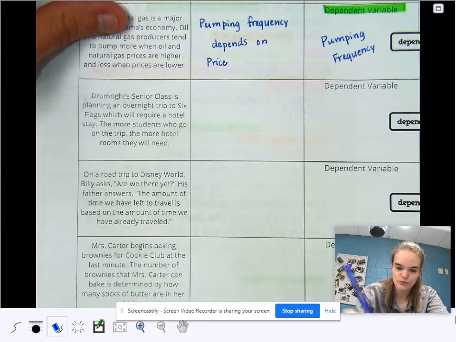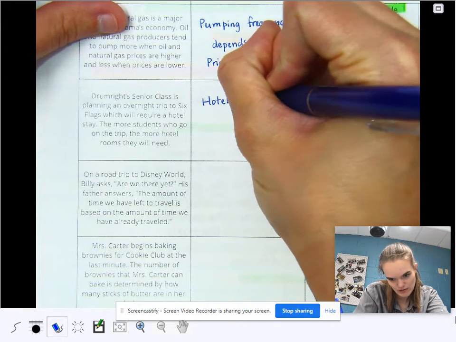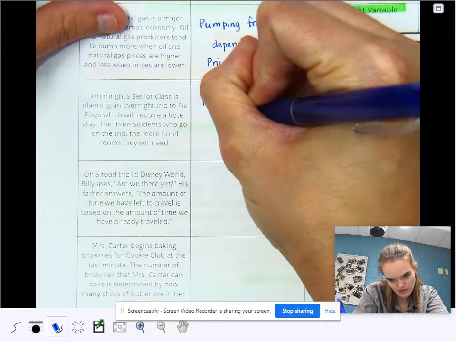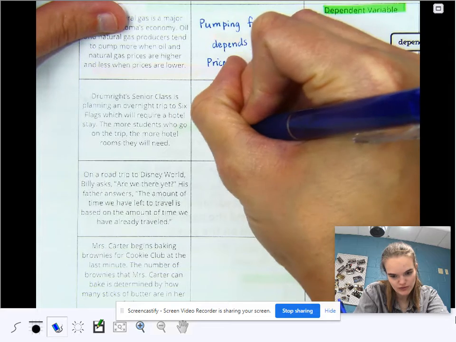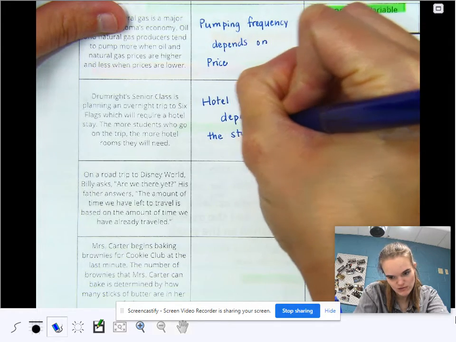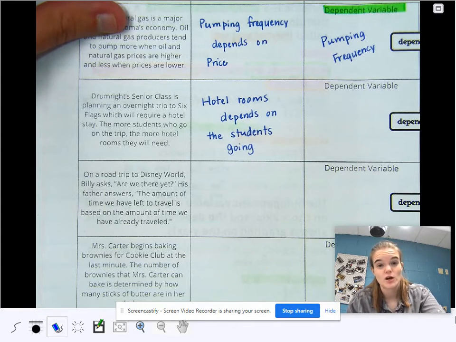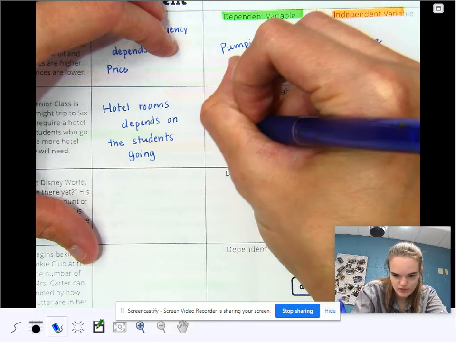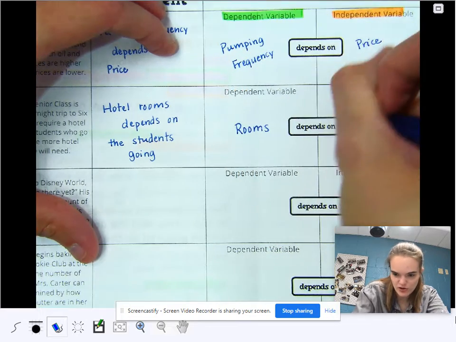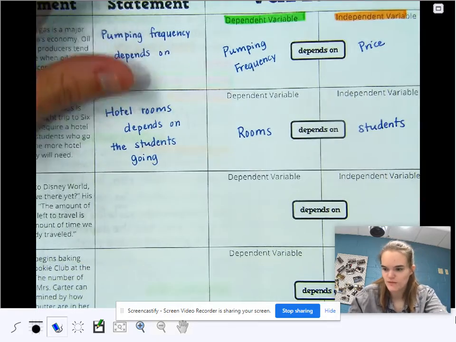The hotel rooms depend on the students going. The more students that go, the more rooms they'll need. If they have fewer students, they'll need fewer rooms. So rooms depends on students. Okay, and we're going to graph it.